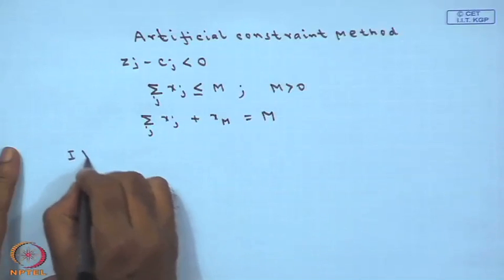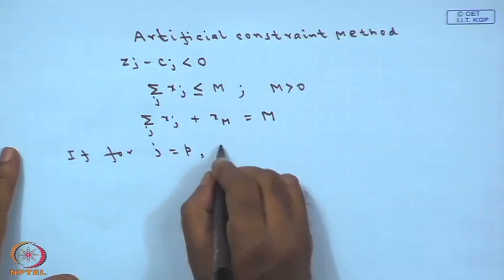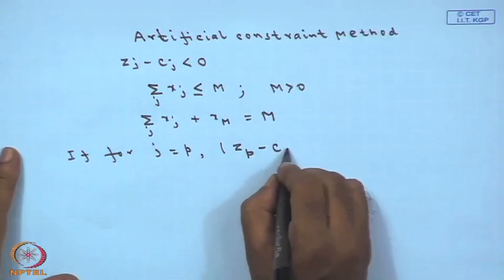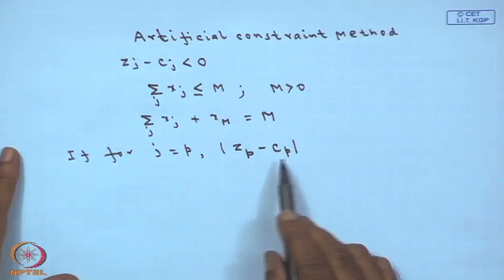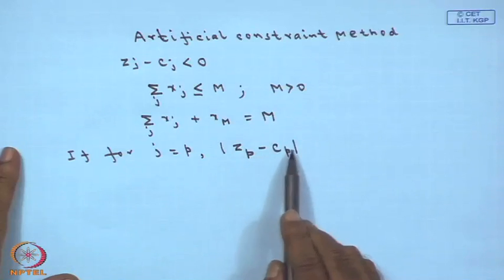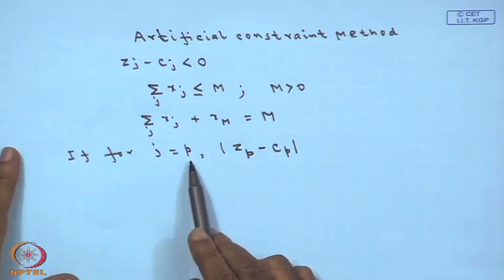Now, suppose for j equals p, the modulus of z_p minus c_p has the maximum value. Please note this one. You find the modulus of z_j minus c_j, and take the maximum of that, which occurs at j equals p.